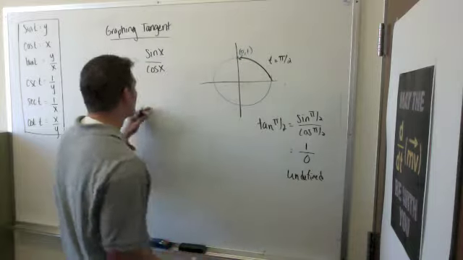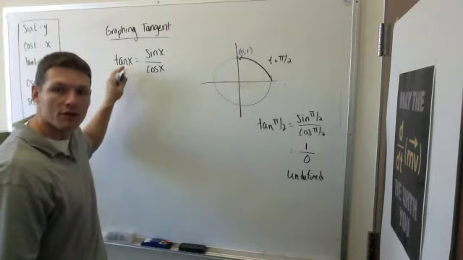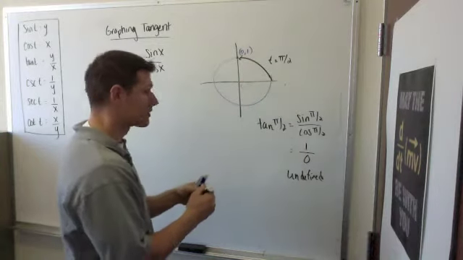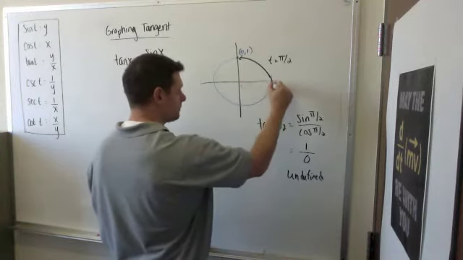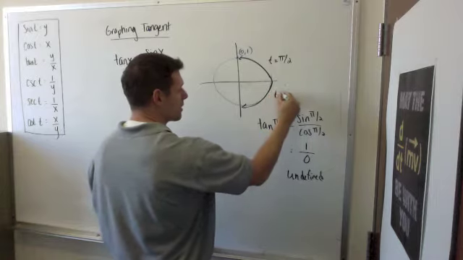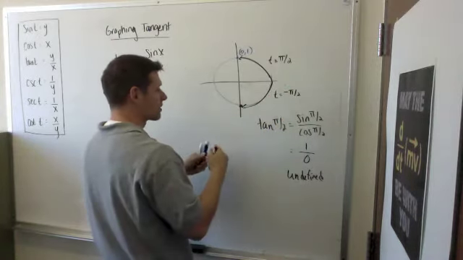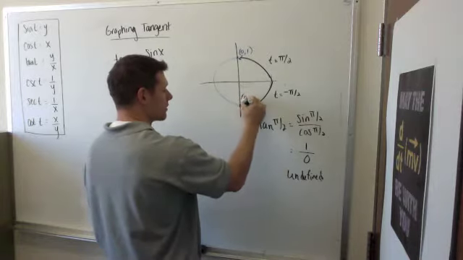So we know that tangent x is undefined at pi over 2, but it's also undefined at t equals negative pi over 2, because again the denominator would be 0, because this terminal point is the point 0, negative 1.